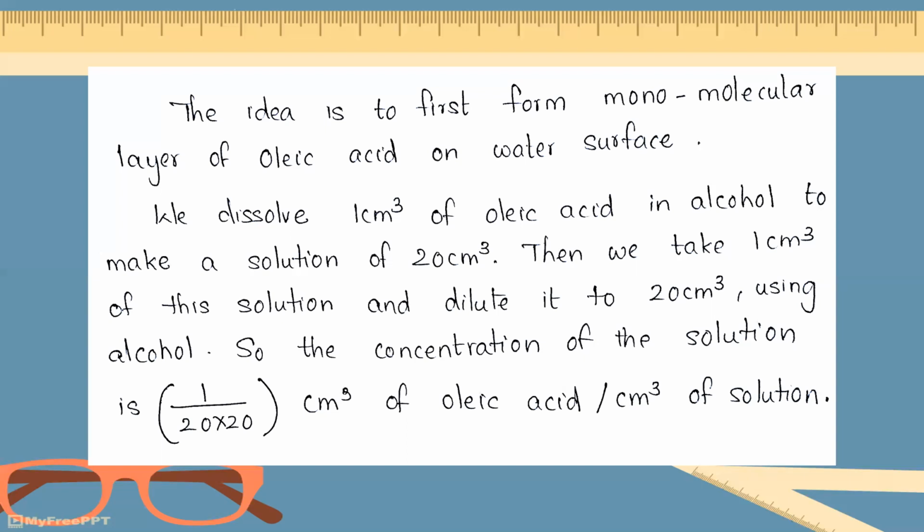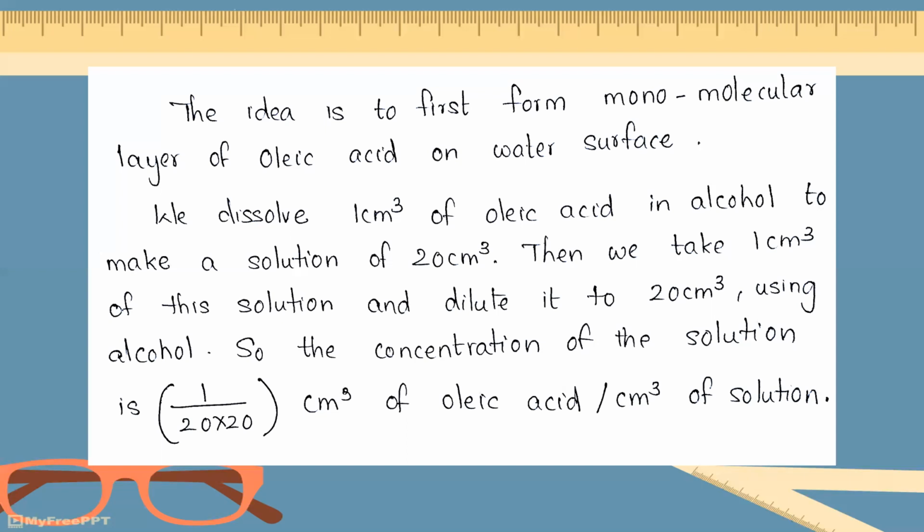That is called a monomolecular layer. In simple words, the thickness of that layer on top of the water surface should be equal to the size of the molecule of the oleic acid.